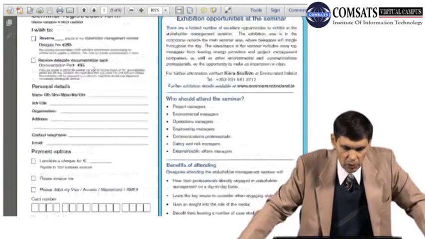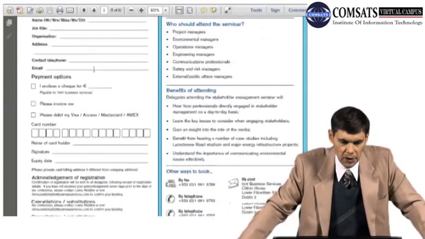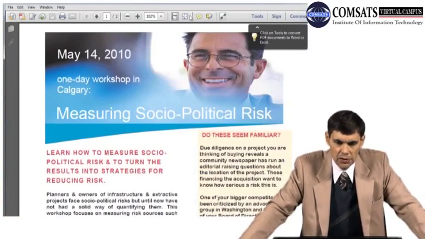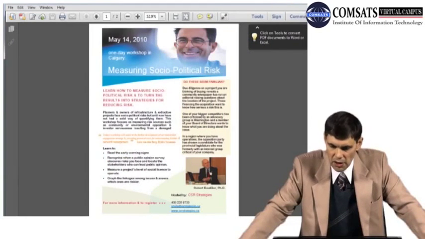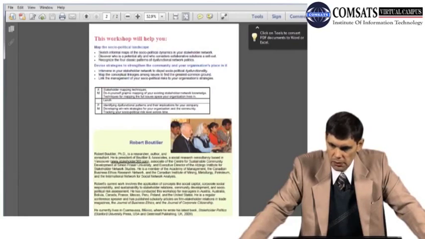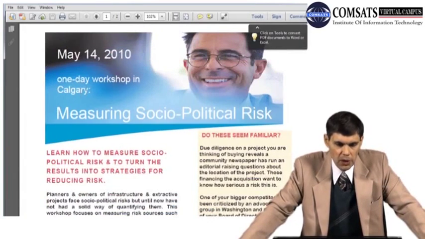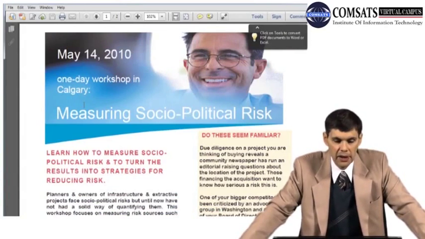Maybe we'll look at a workshop also. This one over here is a 2-page document, as you can see. It is a one-day workshop in Calgary in Canada on measuring socio-political risk.